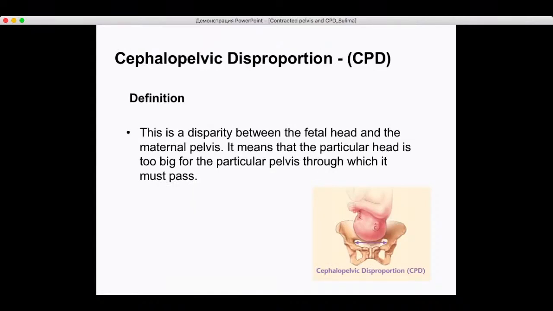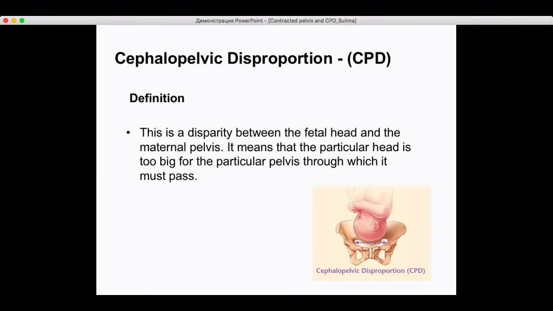What is cephalopelvic disproportion? Cephalopelvic disproportion is a disparity between the fetal head and the maternal pelvis.